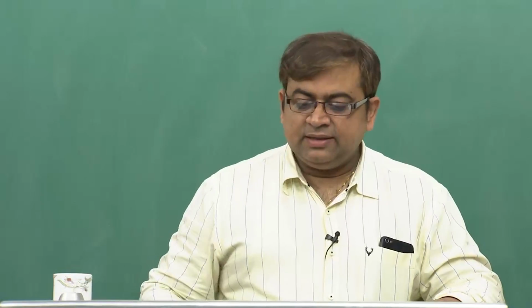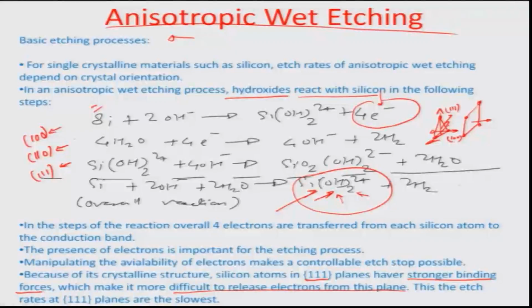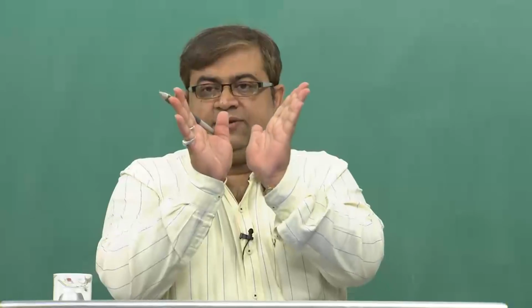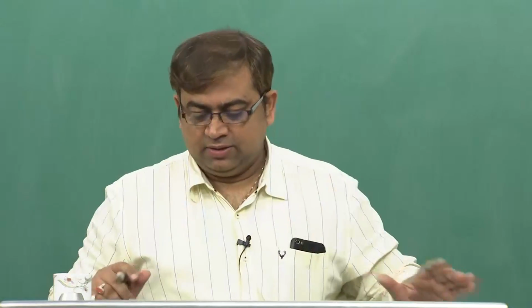So this results in some kind of a structure, which would typically mean the eventual shape or the structure which would emerge out of any 100 or 110 would be the 111 direction, okay. So this is the slowest step. So in fact if two such planes meet together, then the etching would be negligible or it will stop completely, and so this is something that has to be avoided in the anisotropic etching, that the two 111 planes which are getting formulated in the wafer should not meet each other, okay.